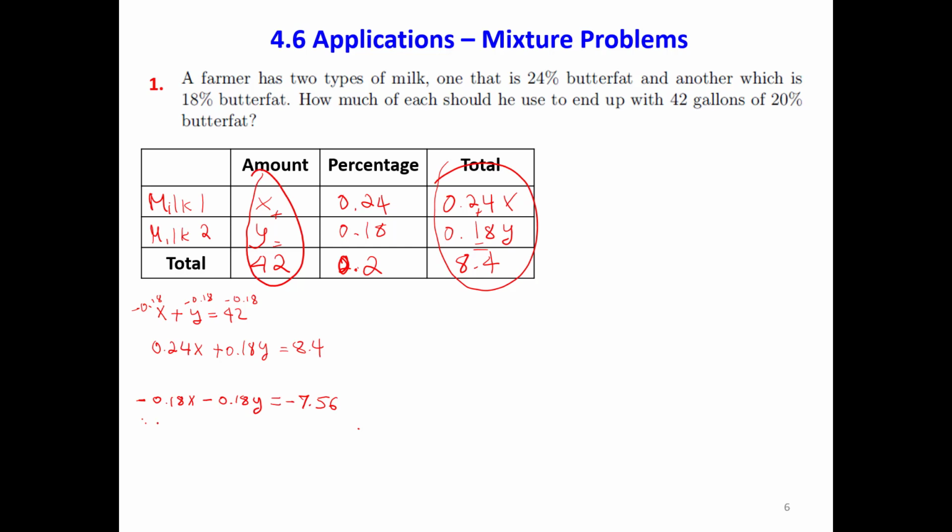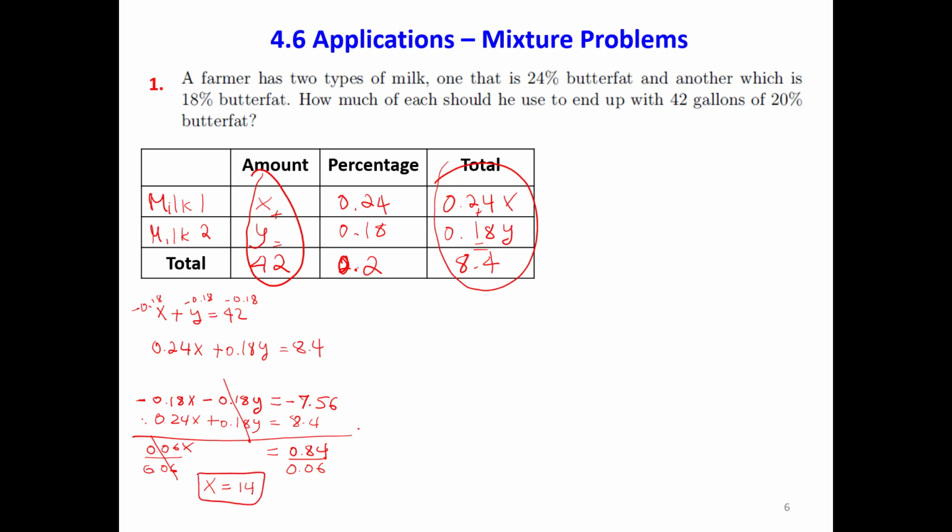Now we add this equation with the second one, 0.2X plus 0.18Y equals 8.4. Adding the equations together, we get 0.02X. This cancels out, and this is 0.84. Now we solve for X. 0.02 cancels out, X equals 42.